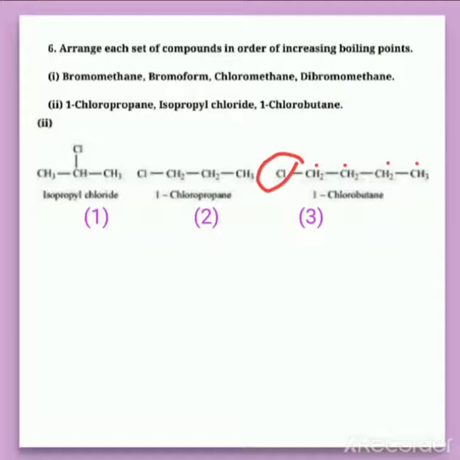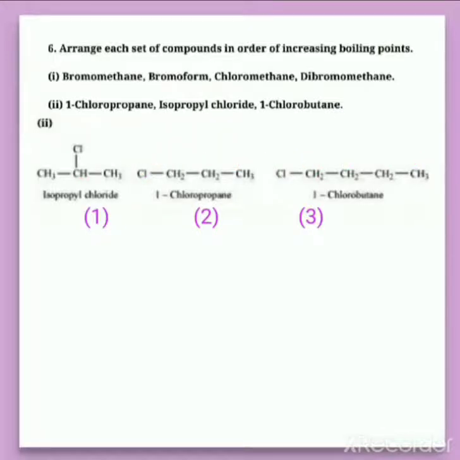The second structure, 1-chloropropane, means 1, 2, 3 carbons and chloro is on the first carbon. Isopropyl chloride is the first structure, in which Cl is on the second carbon. You can check it is on the second carbon.